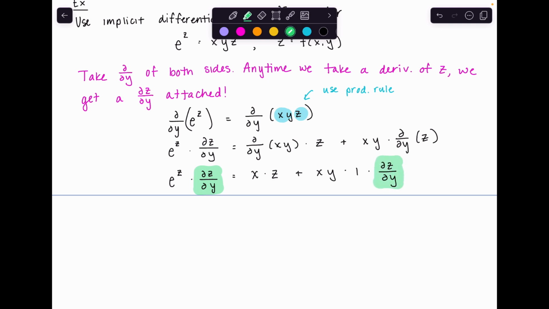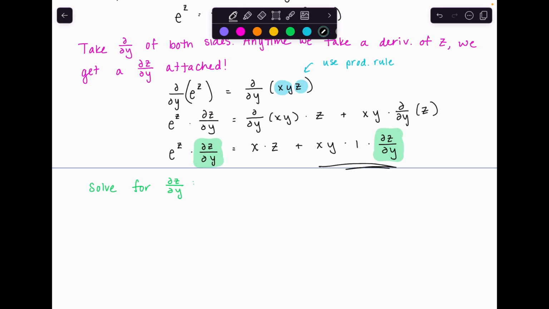So at this point now, I just need to solve for my partial. So I'm going to go ahead and just move this term to the other side. So this is e to the z, partial of z with respect to y, minus xy, partial of z with respect to y, and that equals xz.